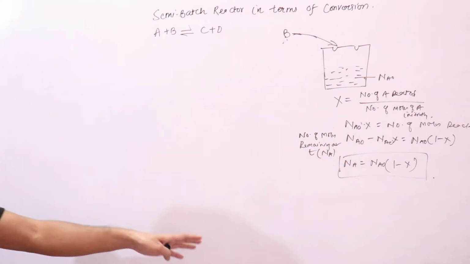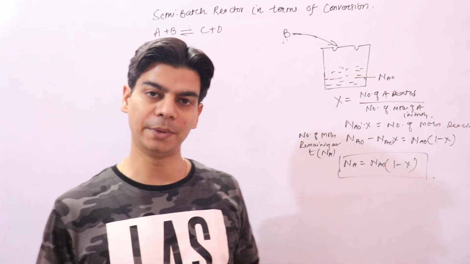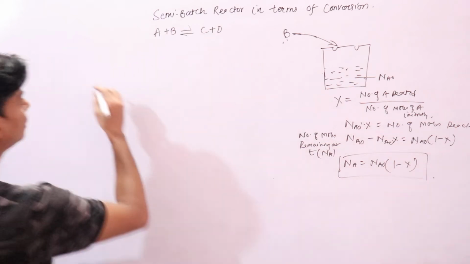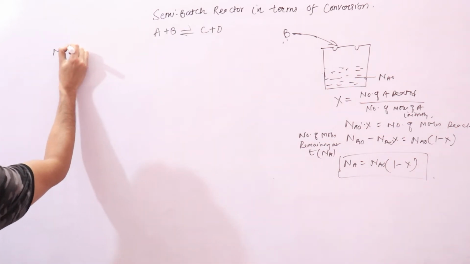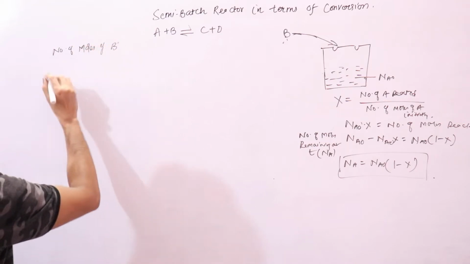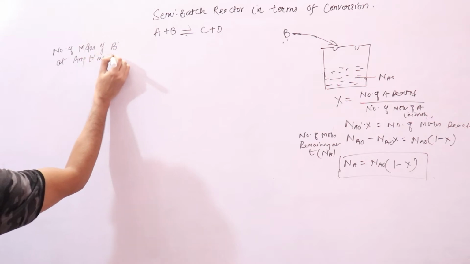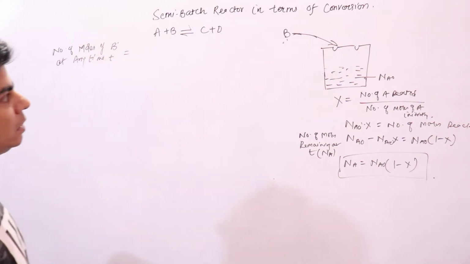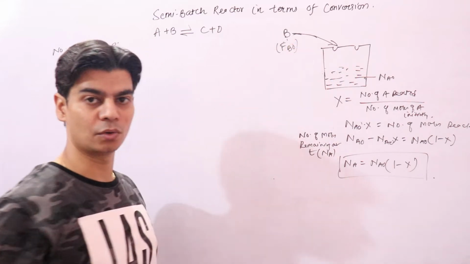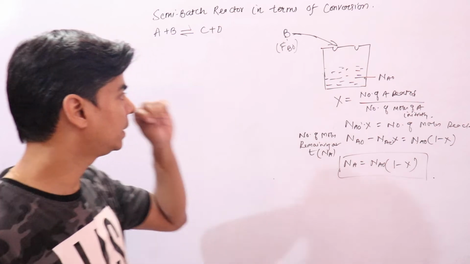right? Now similarly we will find how much of B is remaining at any time t, right? So let's write it over here, number of moles of B at any time t, right? Now since you are adding B, let's say the molar flow rate would be FB0. Since it's flowing, we always take molar flow rate, right?